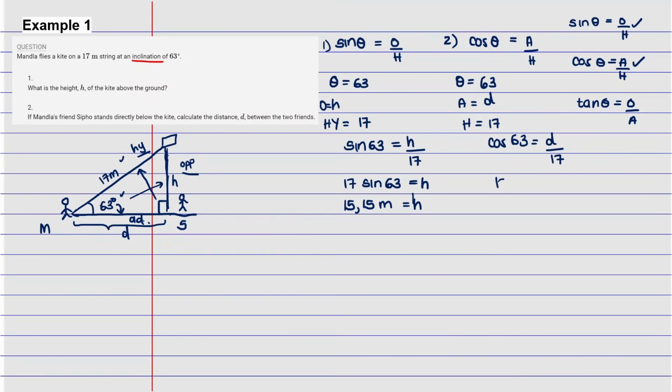Then 17 cos 63 is equal to D. Punch that into the calculator. We see that the distance is 7,72 meters, equal to D. So the distance between C4 and Mandla is basically 7,72. I hope that makes sense. So that's how you would solve this question.